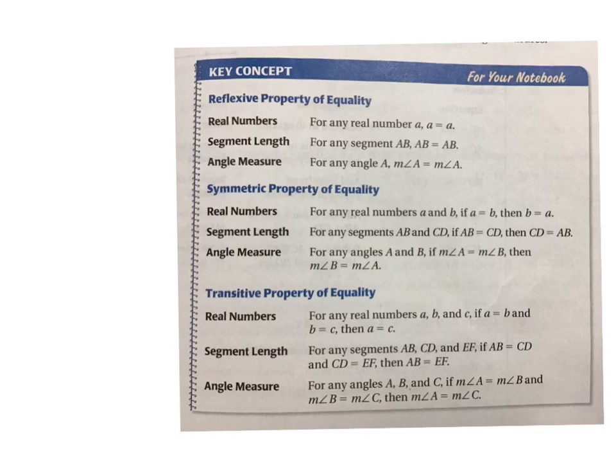It's itself. Symmetric property is you can flip the equation. So if I have A equals B, I can flip it over and say B equals A. That's symmetric. And transitive is when you have three sets. If I say A equals B and B equals C, then you have the B on both. I can cut the B's out and say A equals C.